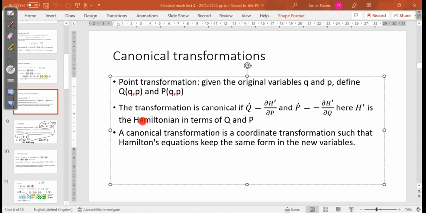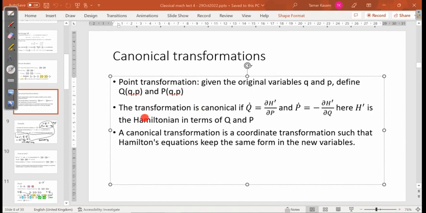However, it is now written in terms of capital Q and capital P, not in terms of small q and small p. Many of you encountering this for the first time will speculate that any transformation written in this form will be canonical, which is incorrect. Why?